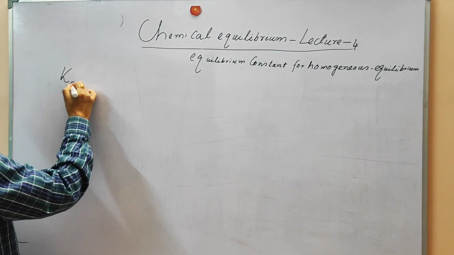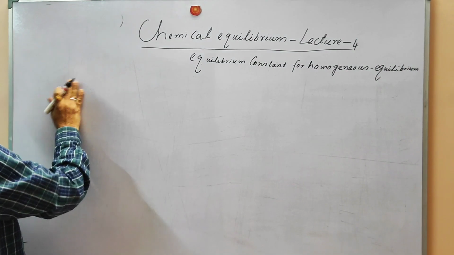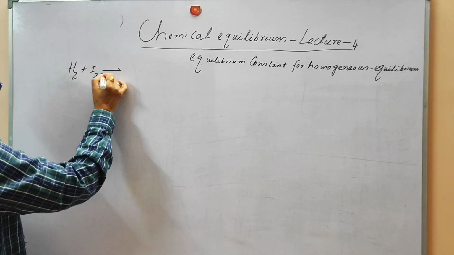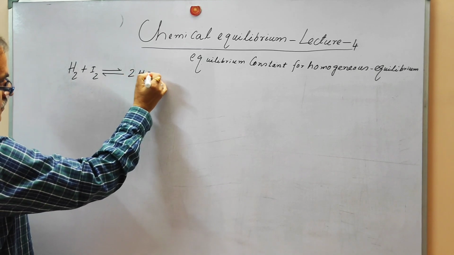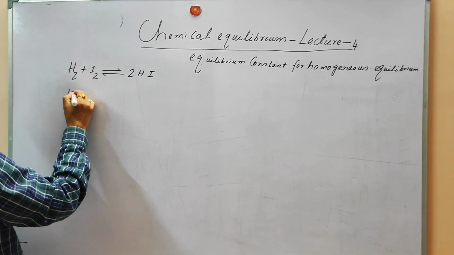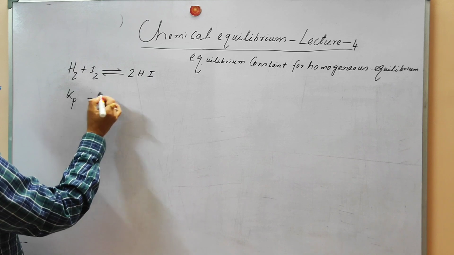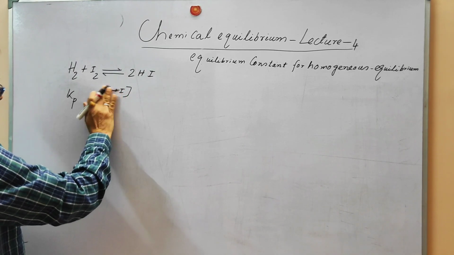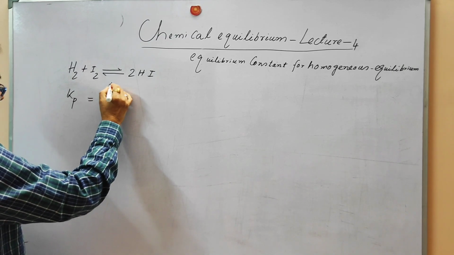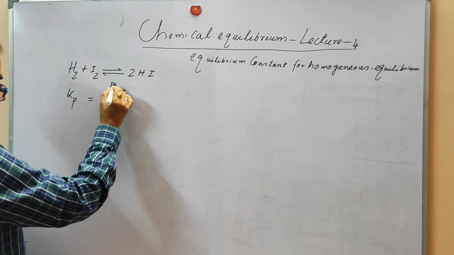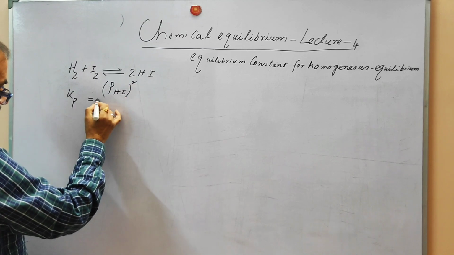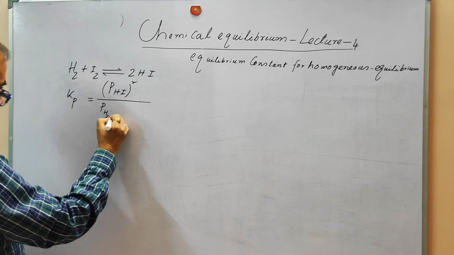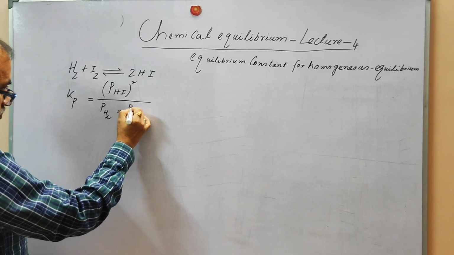Now we know Kp for this reaction. We are taking this reaction, H2 plus I2 gives 2HI, and for this reaction Kp will be given by this expression: the partial pressure of HI squared, divided by the partial pressure of H2 and the partial pressure of I2.